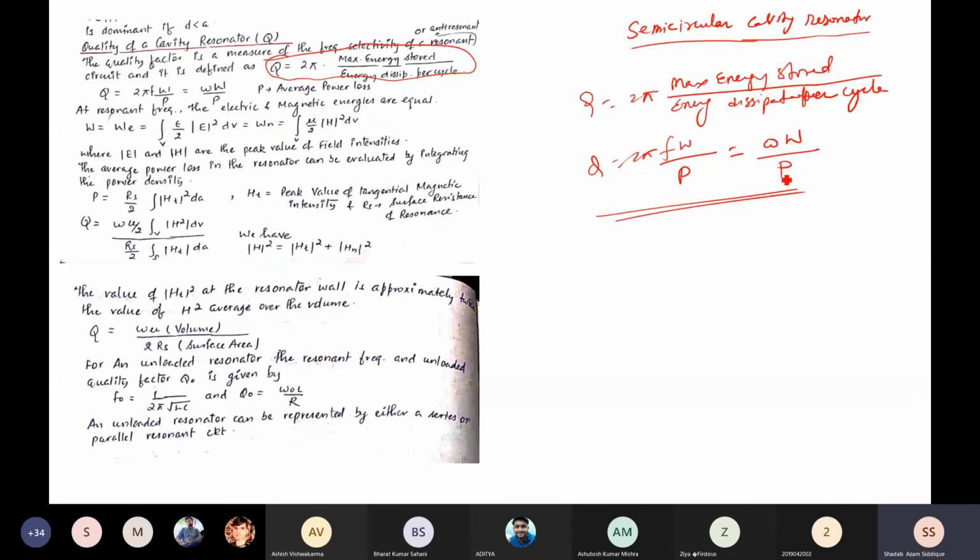So W is equal to WE, that's why energy is stored.